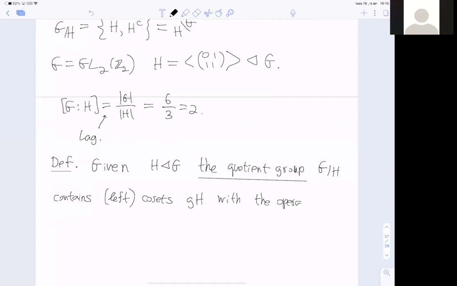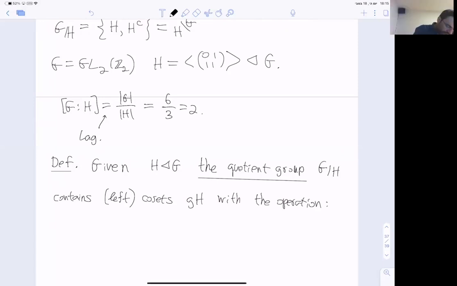How can it be a group? The neutral element isn't there. No, the neutral element will be H, the trivial shift. It's a new group. Okay, got it.